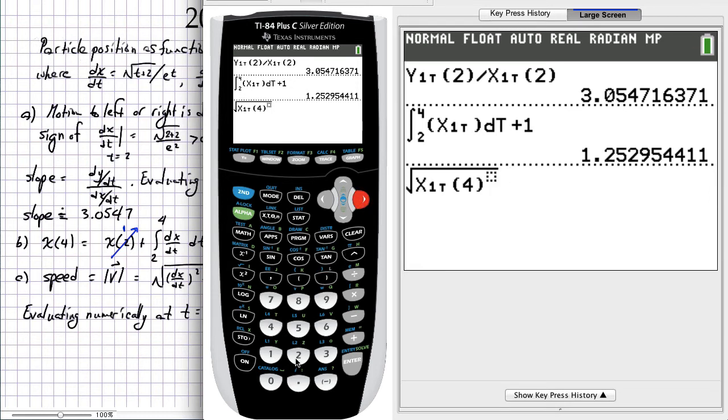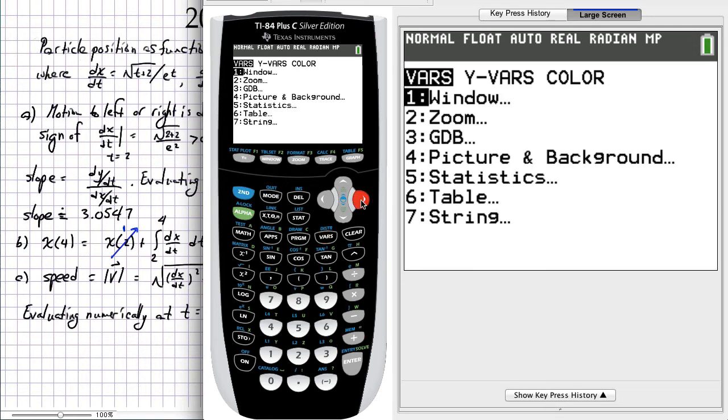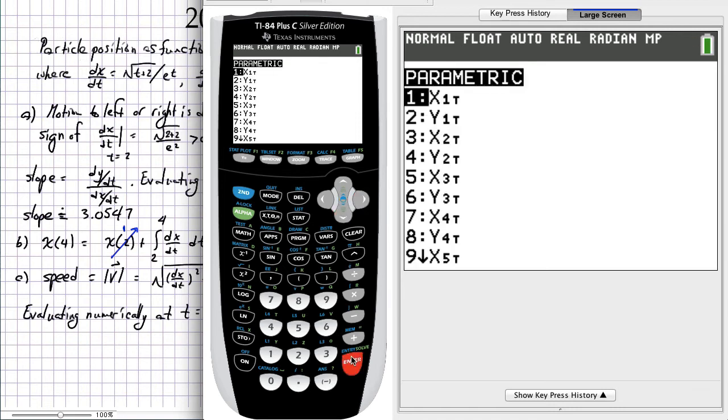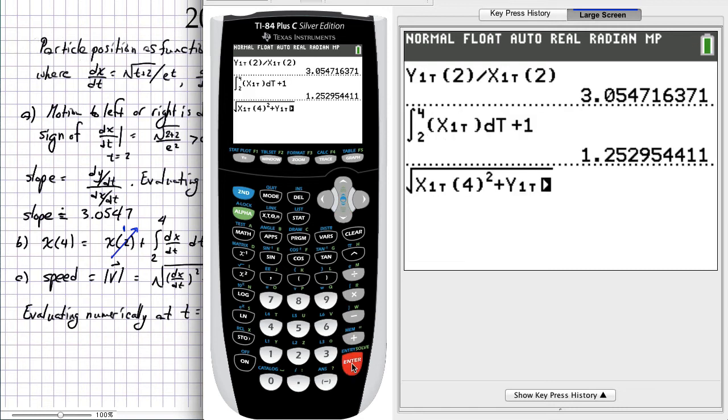Now we need that squared, and then we need to add to that the y squared value. So we need to evaluate that at t equals 4, and then we'll square that.